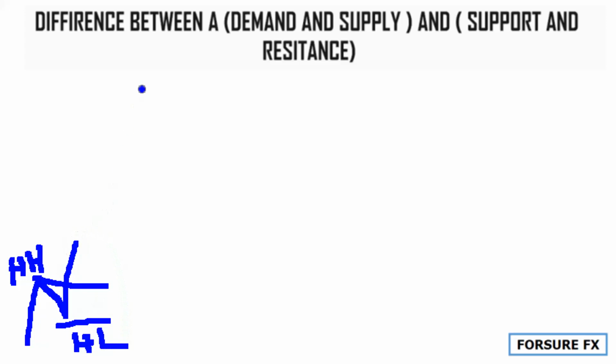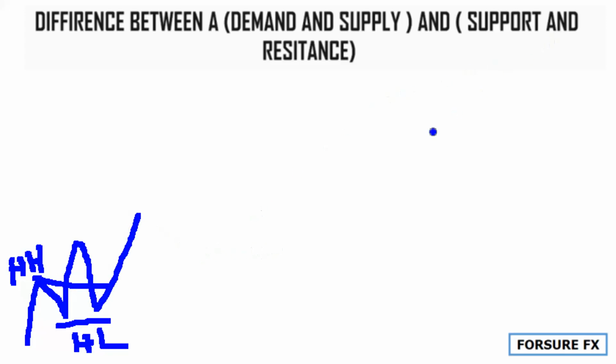For a demand and supply zone, you're expecting the price to come down into this range here between the higher low and the higher high, come into the demand range and move to the upside.